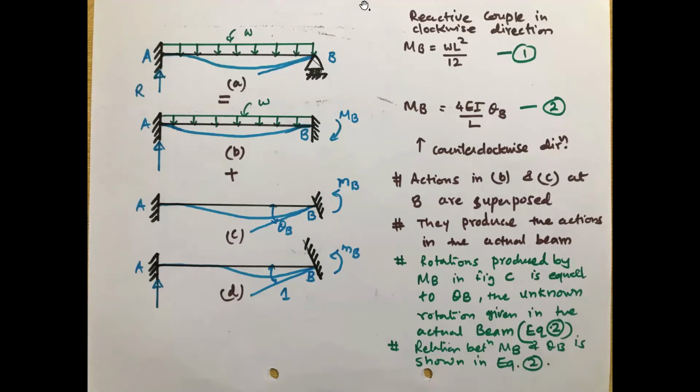Now, how many kinematic variables in this beam? Kinematic degrees of indeterminacy. Four? No. Two at B and three at A. So five, I guess. See, what you are calling is forces.